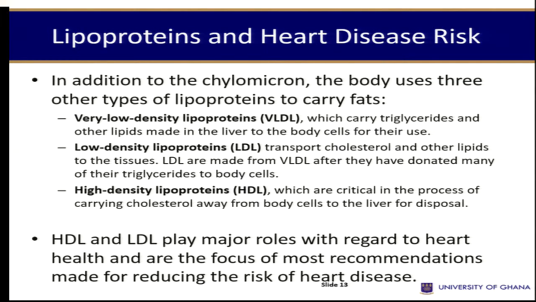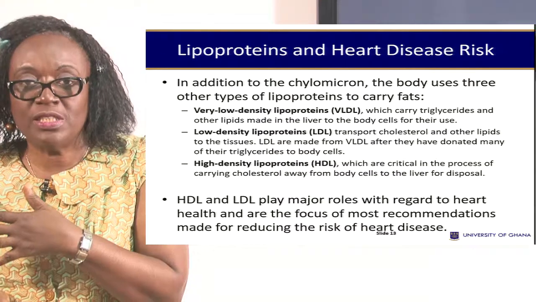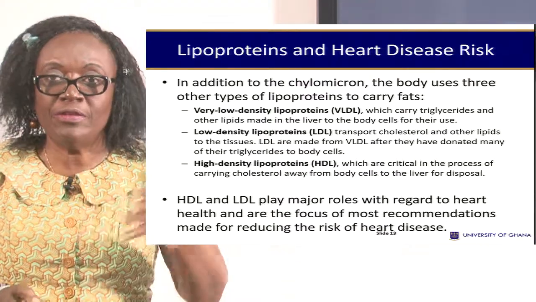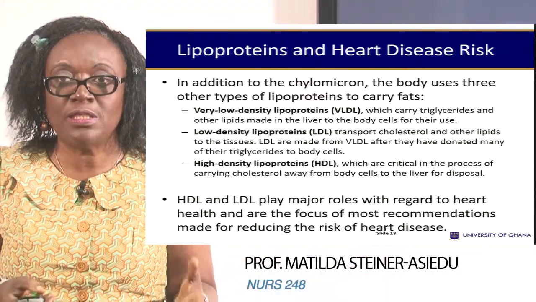Always remember, I always say H for health. So that is a clue for you to know the difference, the HDL. Whilst the HDL will carry the cholesterol away from the body to be excreted, the VLDL will carry it for deposition. That is what causes the problem.